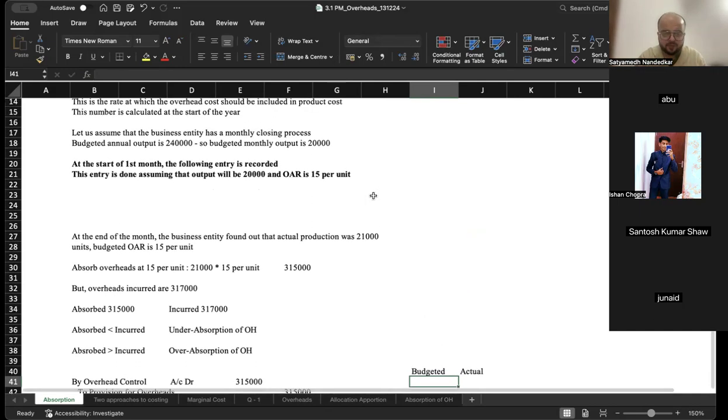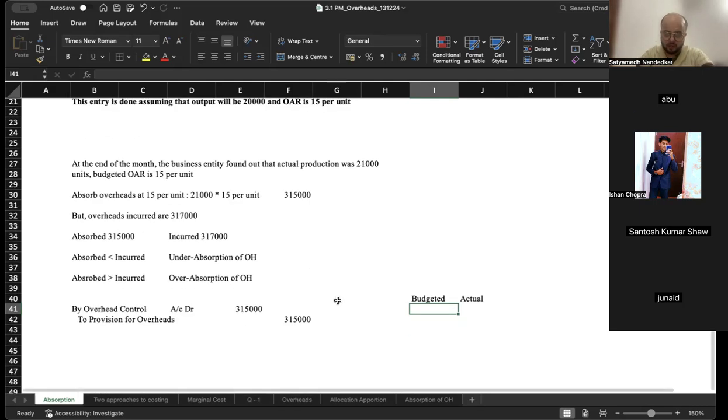So the amount of 3 lakh, 20,000 into 15, that is as per the fixed budget. 21,000 into 15, 21,000 is the actual output. So budgeted figures adjusted for the actual output is your flexed budget, and then the under or over absorption is basically a step towards getting to the final figures for actual cost in your costing records.